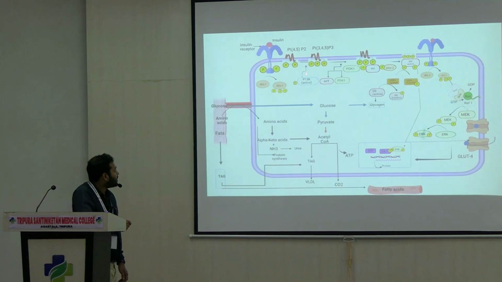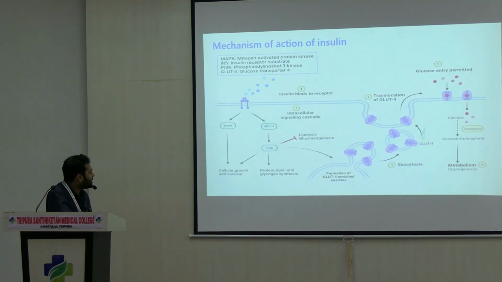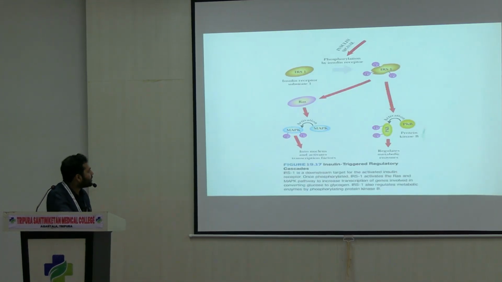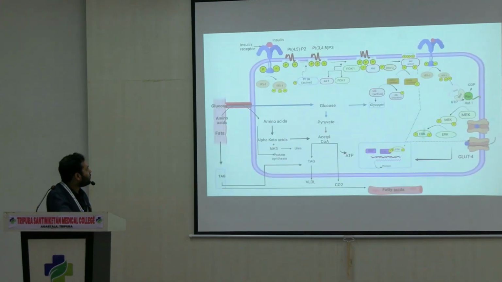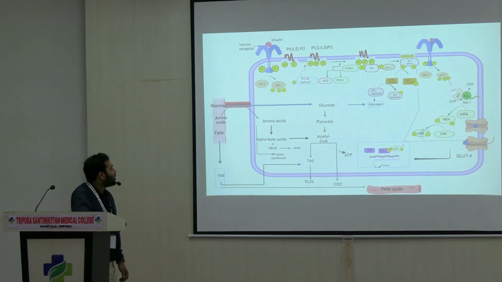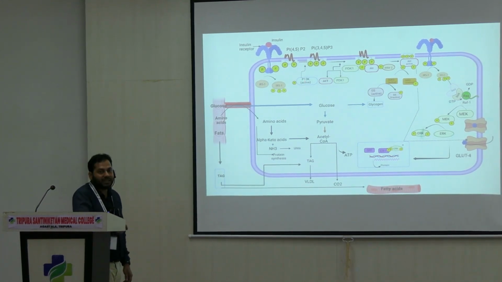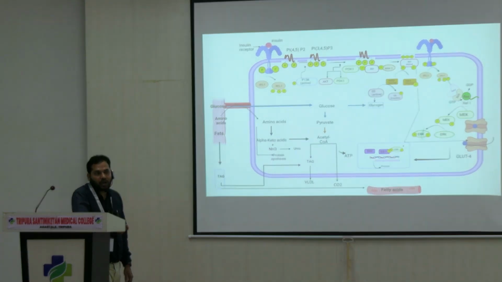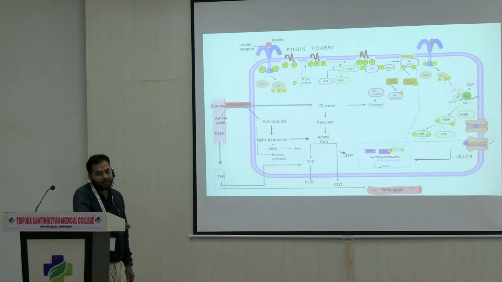And here you can see the second pathway that I have discussed, this one. What is this? The phosphorylation of IRS ultimately activates the PI3K molecules, that is phosphatidylinositol kinase, right?